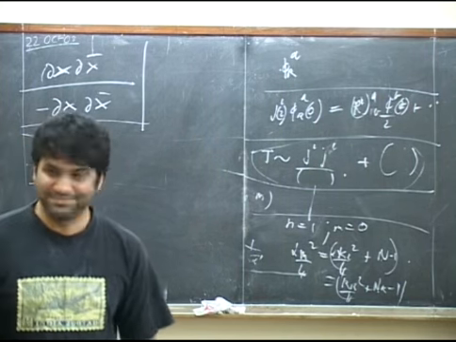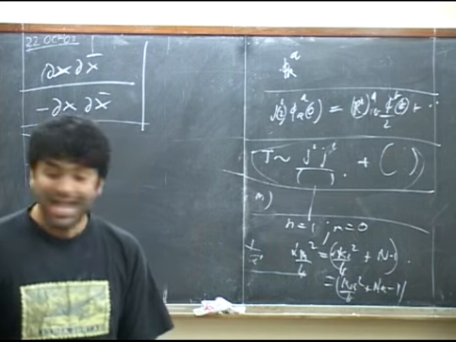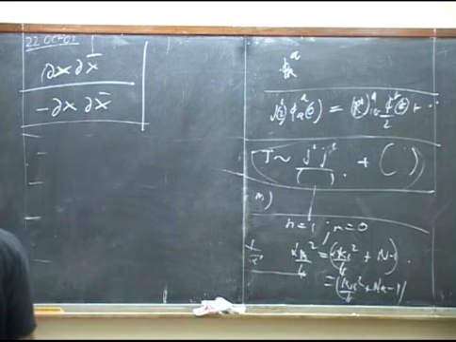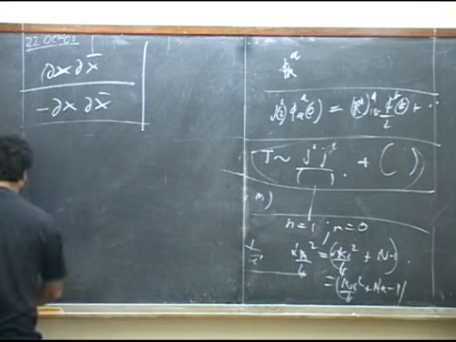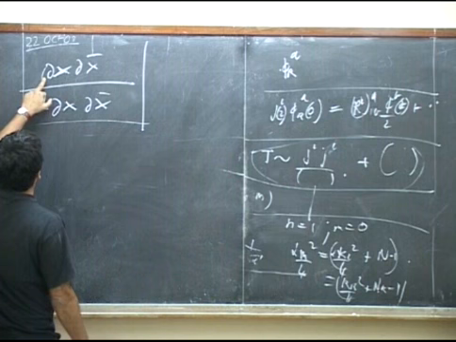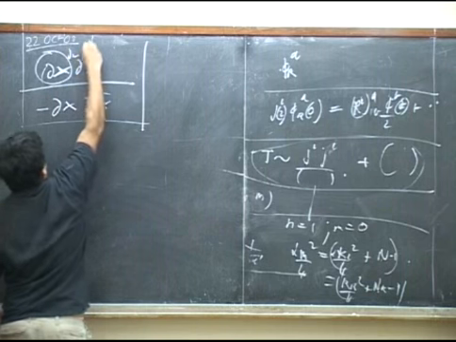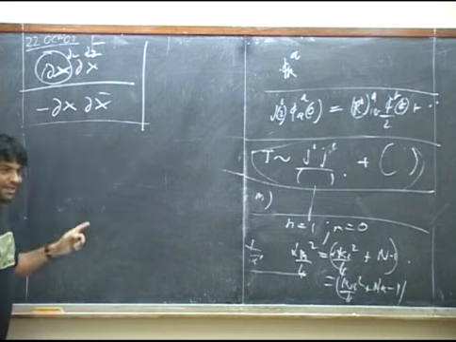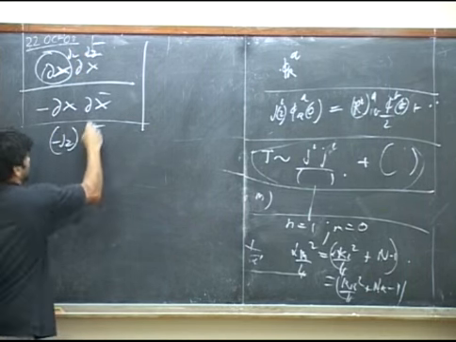How do I do that? I do that by noting that this operator is Jz, Jz bar. This operator is written as minus Jz, Jz bar.